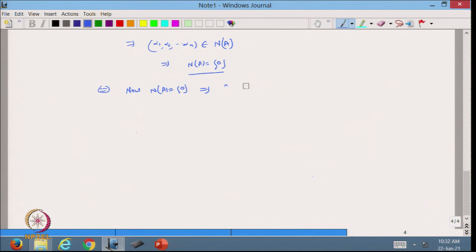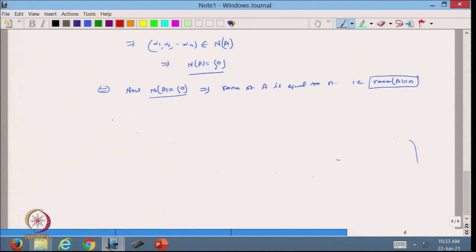So, I can note that the rank of matrix A is equal to n, because the null space contains only the 0 element. If it is a square matrix, then I know that the rank of the matrix will be n, and then it will be non-singular.